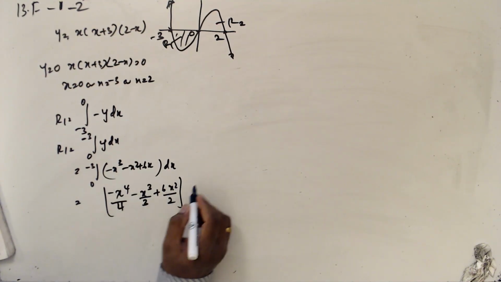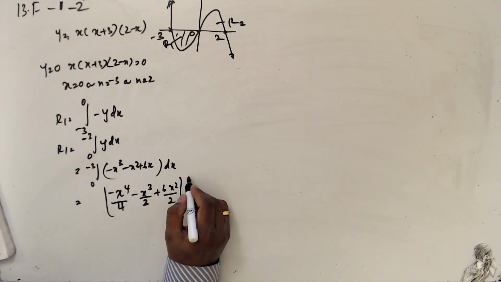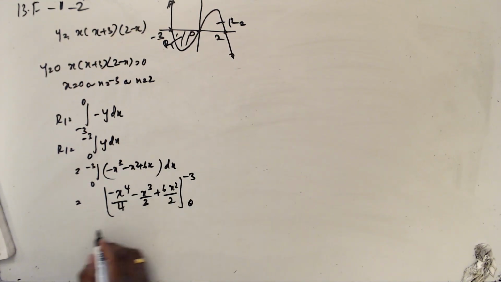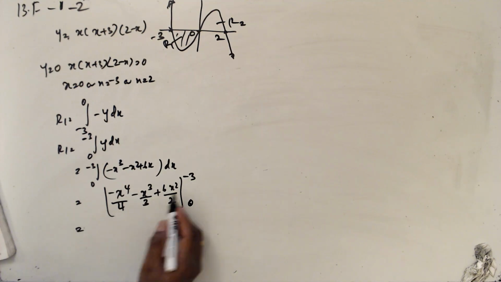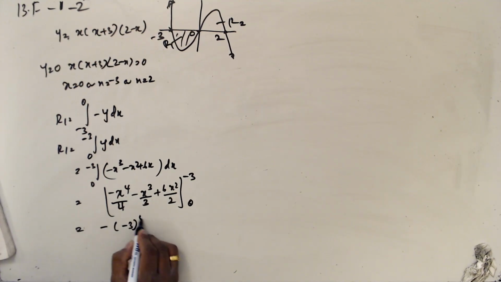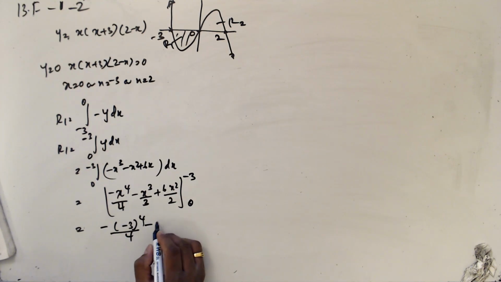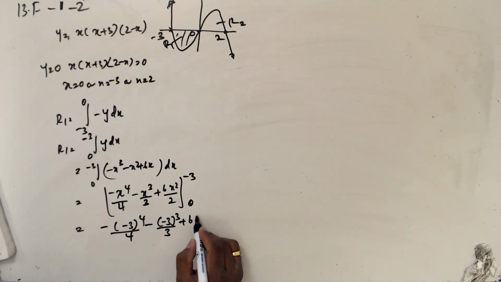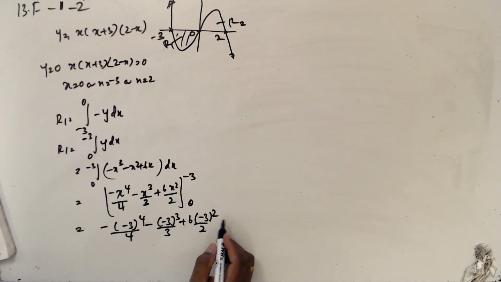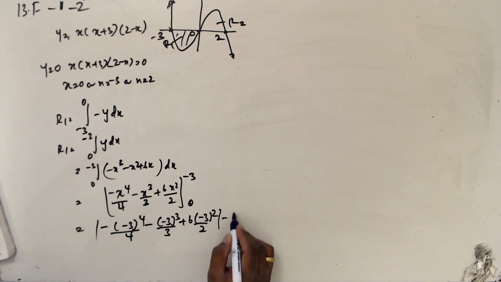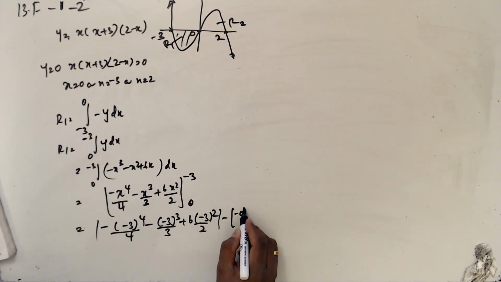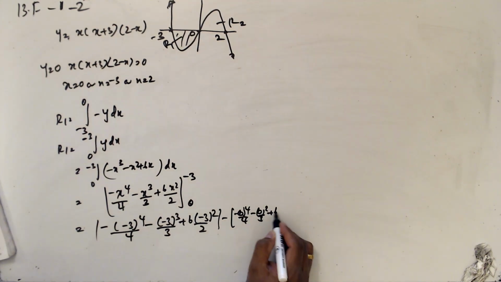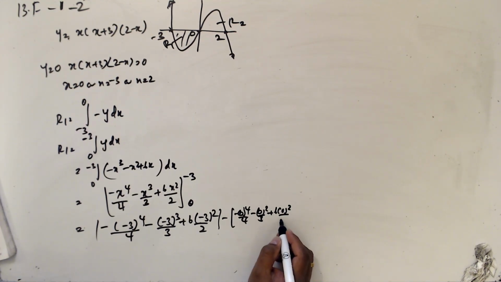This is going to be from minus 3 to 0. So then minus 3 to the power 4 divided by 4, then minus 3 to the power 3 divided by 3, and 6 times minus 3 squared over 2, right? And minus 0 to the power 4 over 4, 0 cubed over 3, 6 times 0 squared over 2.